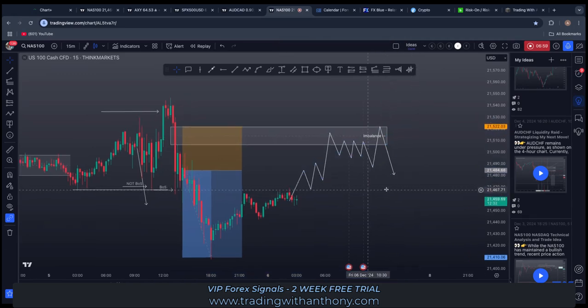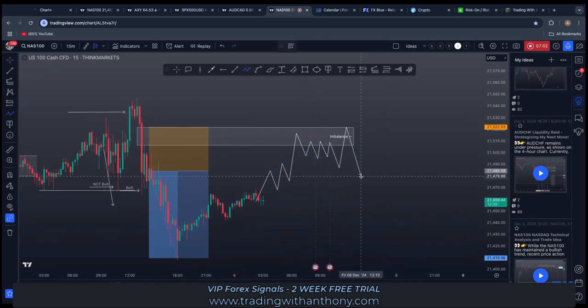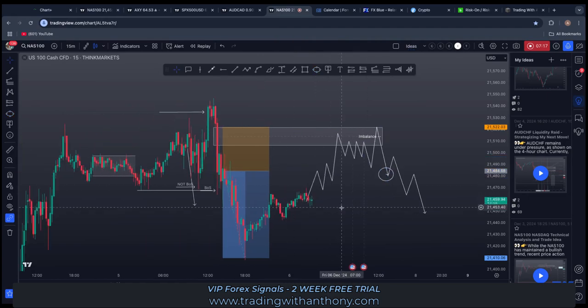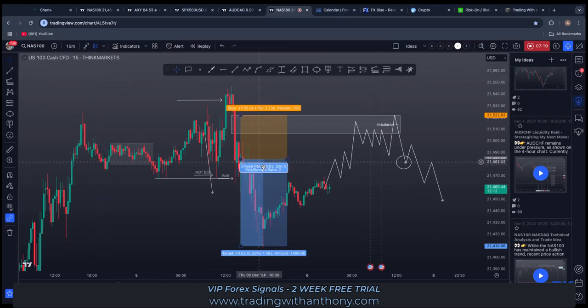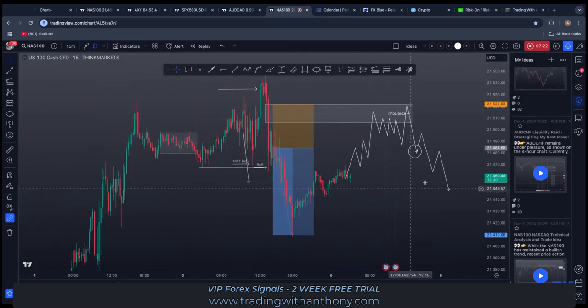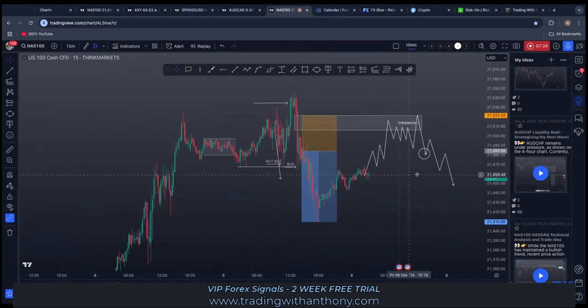Monday, after NFP, if this plays out and it ranges, it breaks, and we see a break of the low, that could possibly be an opportunity to get short. But I don't know. I'm not that invested in shorting the stock markets at the moment because they're pretty bullish, right?